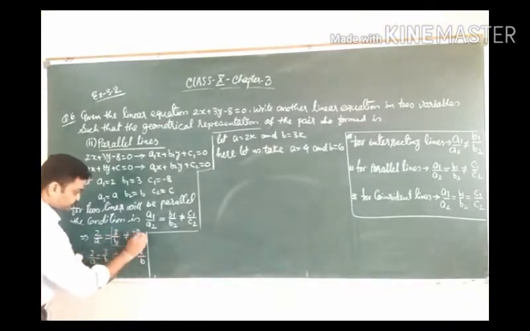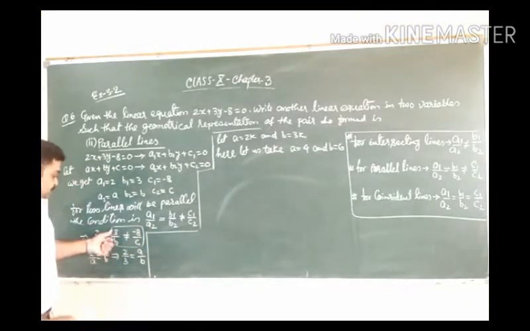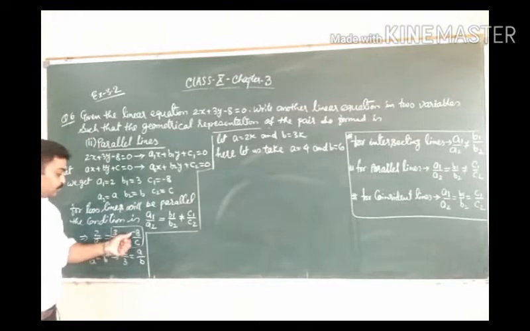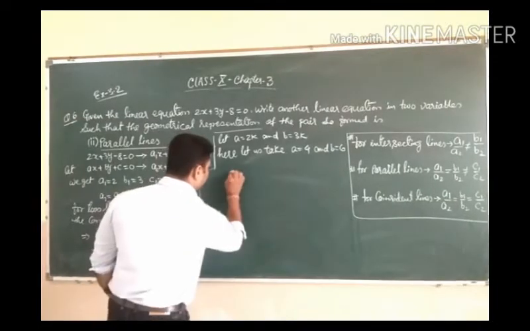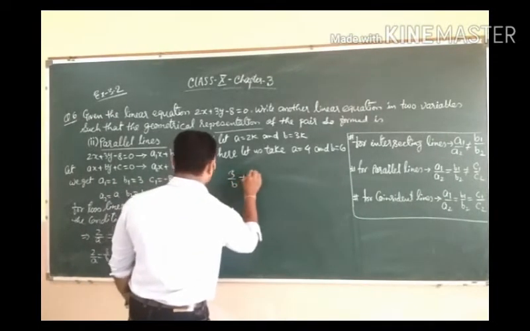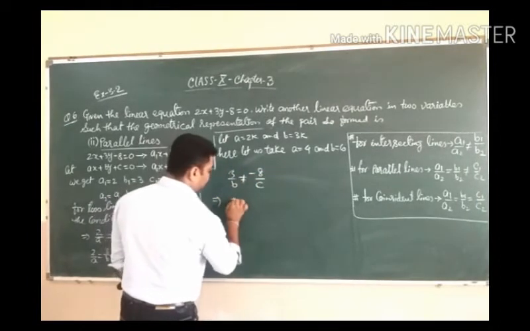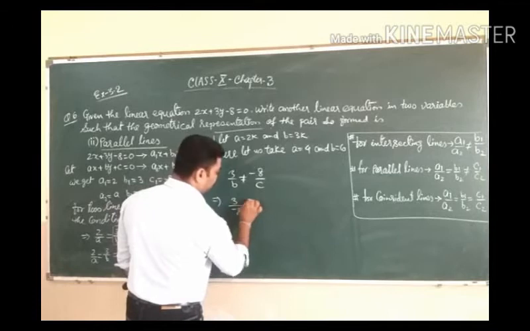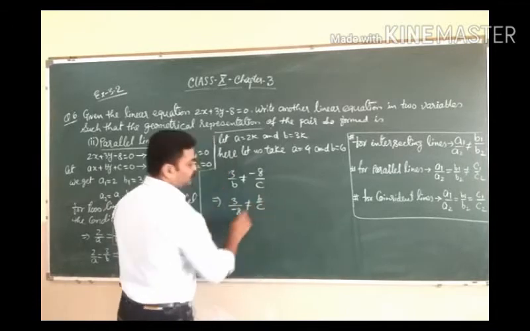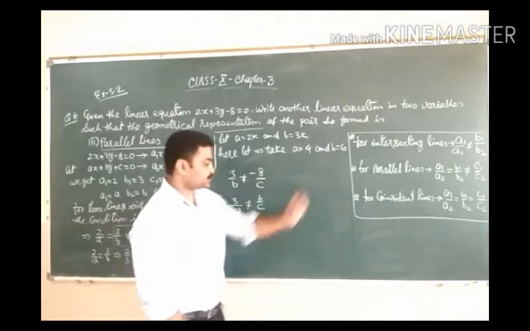This portion, that is 3 upon b is not equal to minus 8 upon c. This implies 3 upon minus 8 is not equal to b upon c, and we have b is equal to 6.